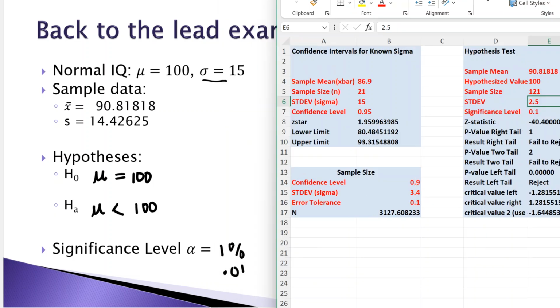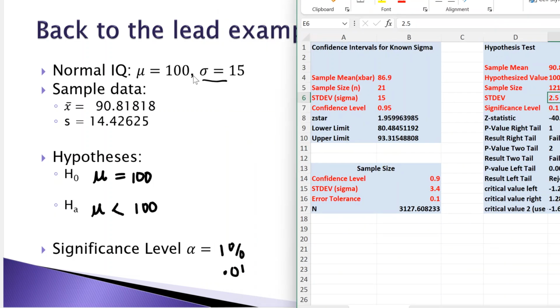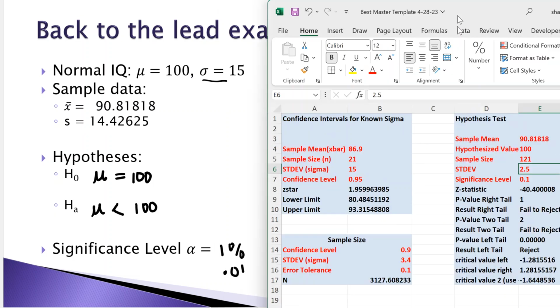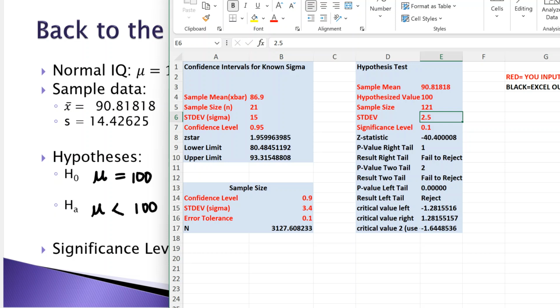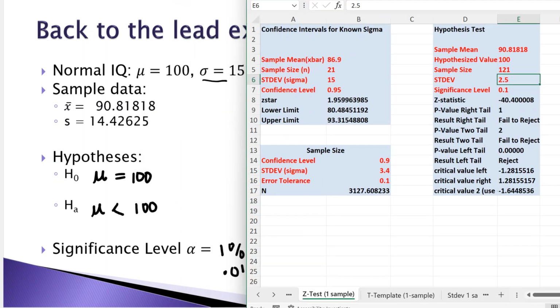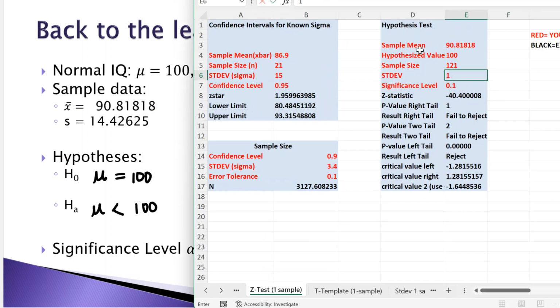Now I have two standard deviations here. I've got the population standard deviation, and I've got the sample standard deviation. You can always calculate the standard deviation for the sample no matter what. That's not what we need here. We need the sigma. When you're working with the Z test, you're going to use the sigma, just like last week in our DQ.